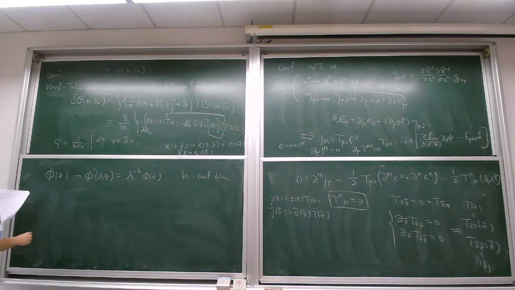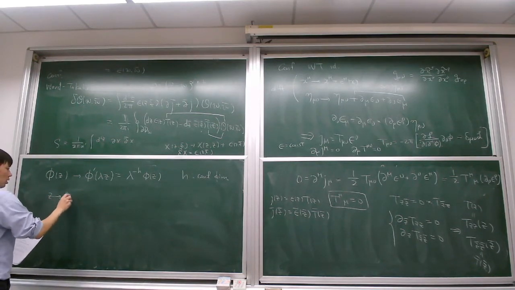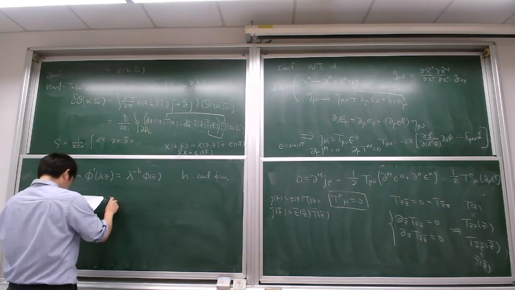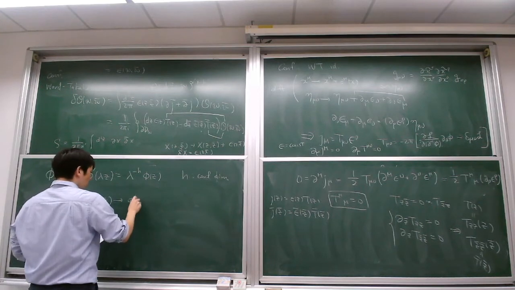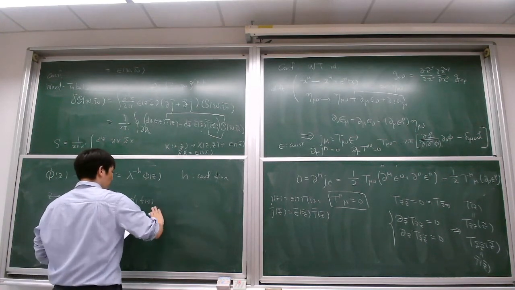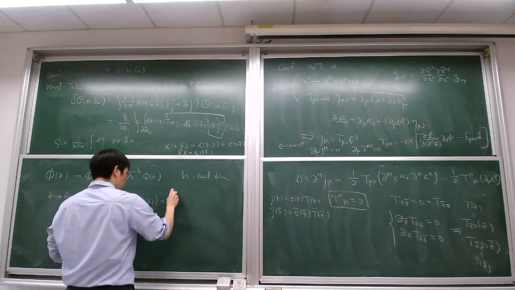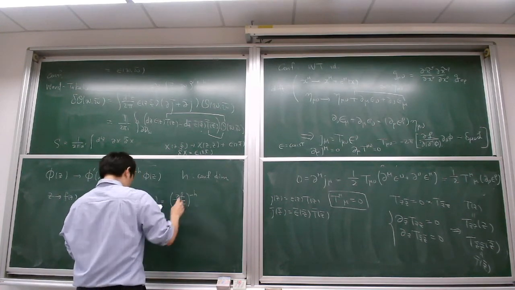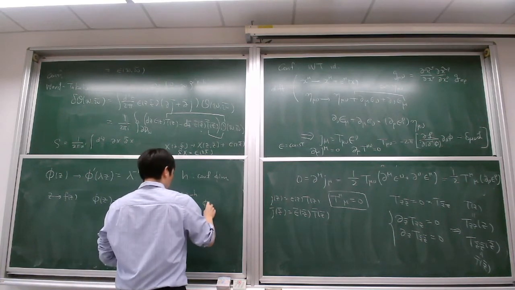And then if this is a conformal transformation, phi of t is mapped to, oops, I'm going to omit the anti-holomorphic part, phi of t.